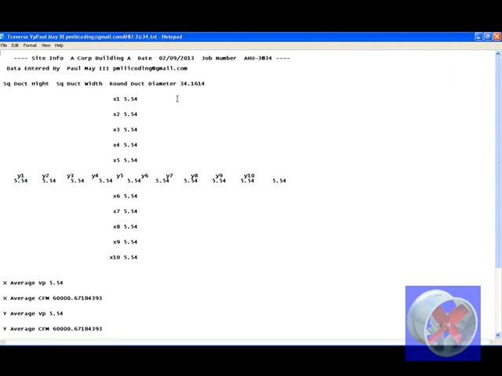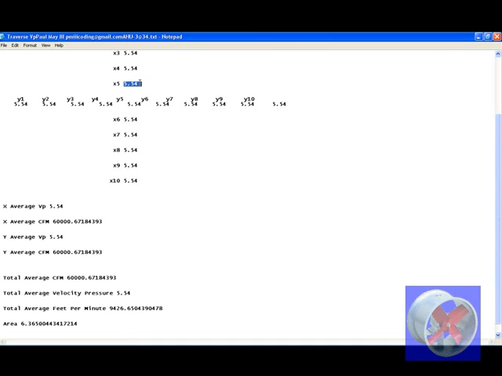And the original transmitter was rated for a 34.1614 diameter, or 34-inch diameter, at 5.54 inches of water at 60,000 CFM at 9,426 feet per minute with an area of 6.36.